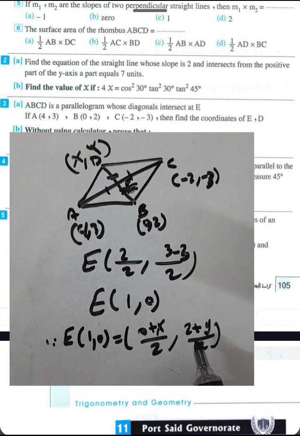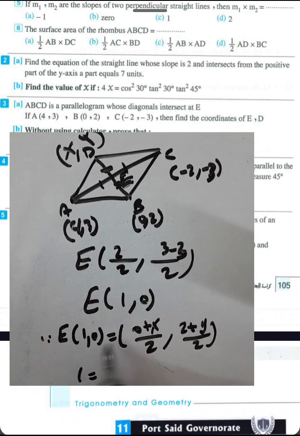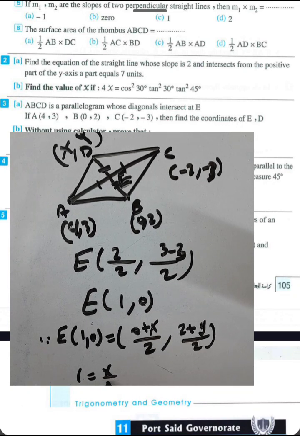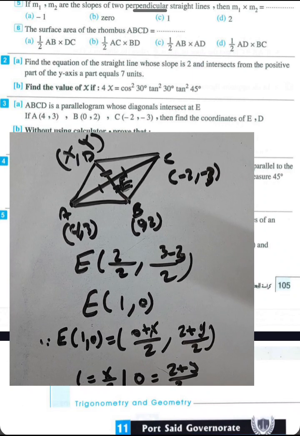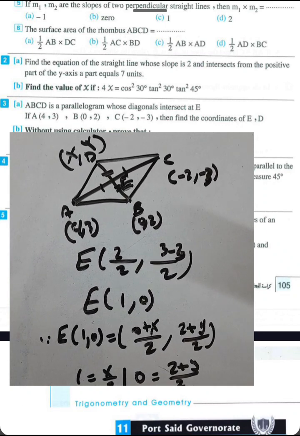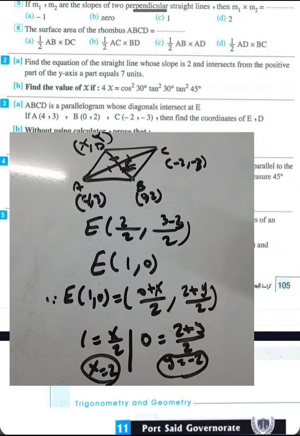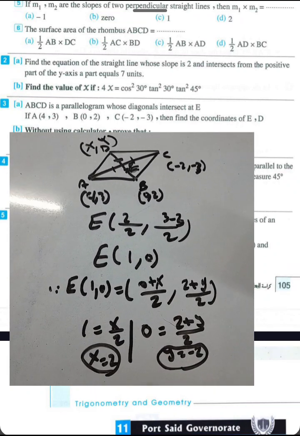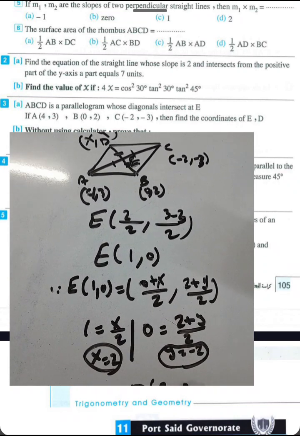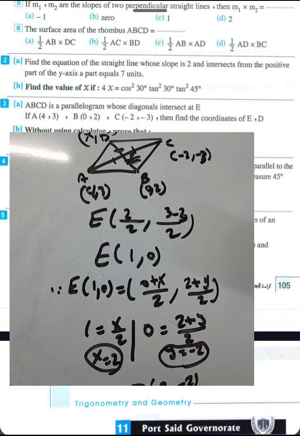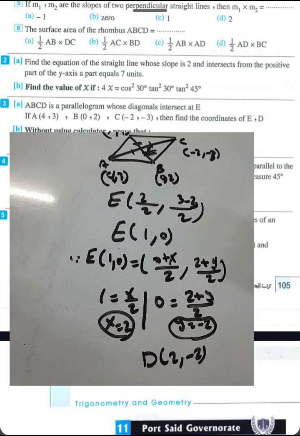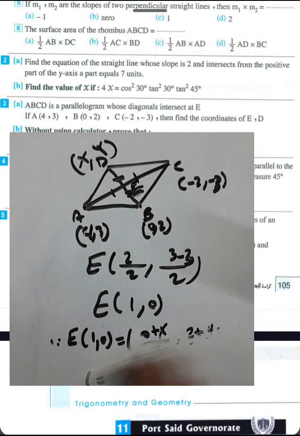The first coordinate: 1 equals x over 2, and the second: 0 equals 2 plus y over 2, then y equals -2 and x equals 2. Then the coordinates of point D will be (2, -2). Understood? Okay, next example.